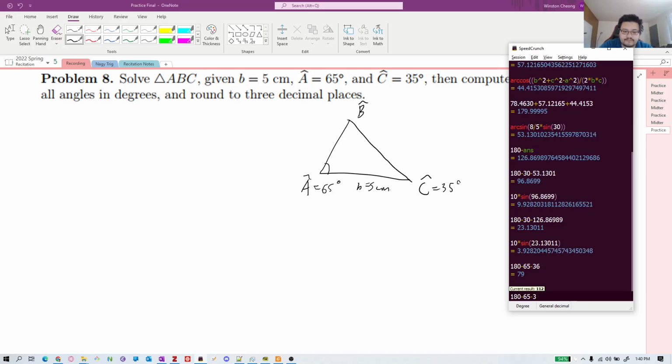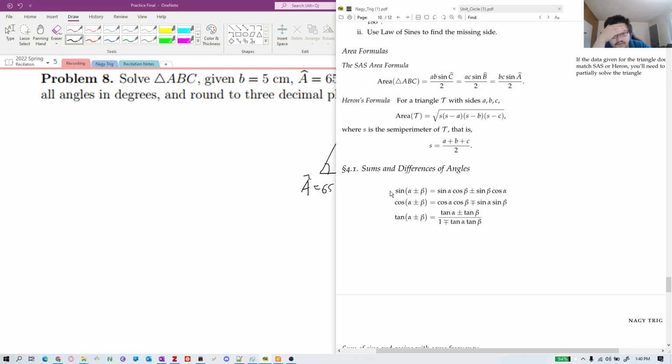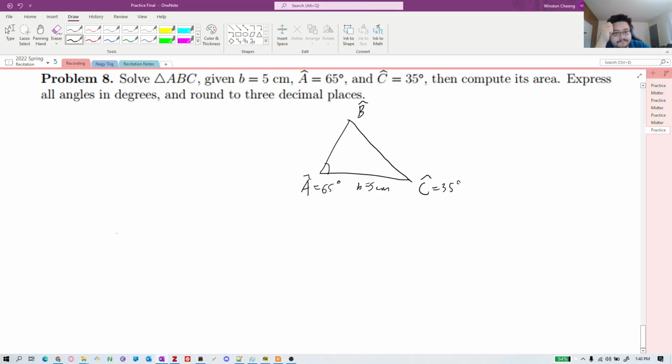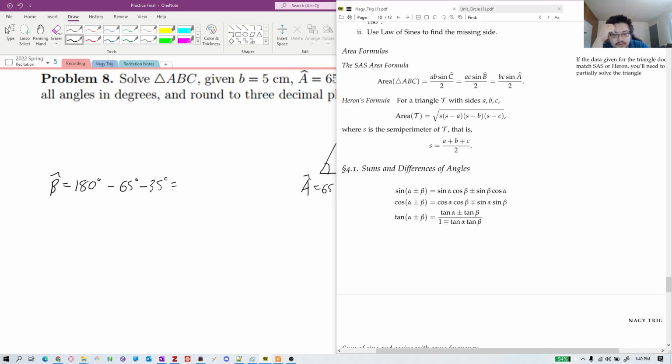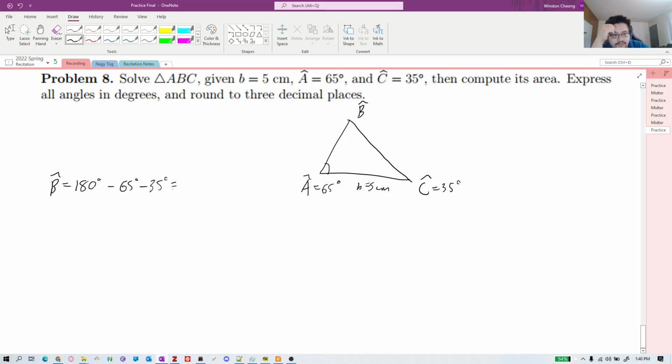So, just to show our work, angle B is 180 minus 65 minus 35, which is equal to 80.